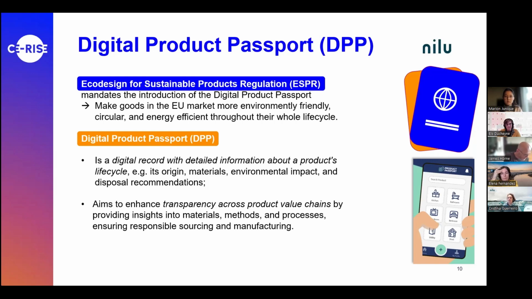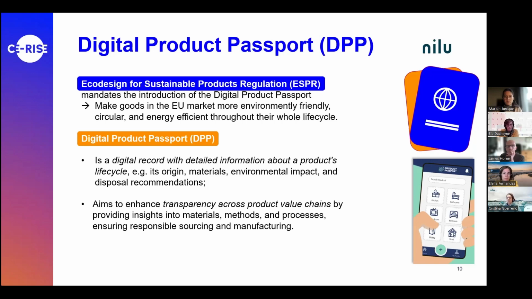economy practices. So any business introducing products in the European market will need a digital product passport for their products, starting in 2027 for batteries and followed by textiles the same year.